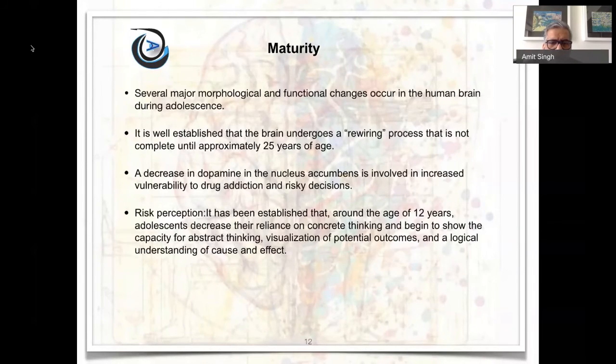Risk perception has been established that around the age of 12 years, adolescents decrease reliance on concrete thinking and begin to show capacity for abstract thinking, visualization of potential outcomes, and a logical understanding of cause and effect. So they don't think logically, their risk perception is low. That is why they're not able to perceive risk and take more chances.